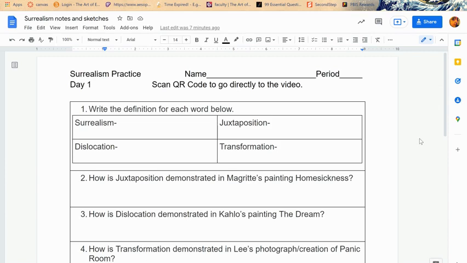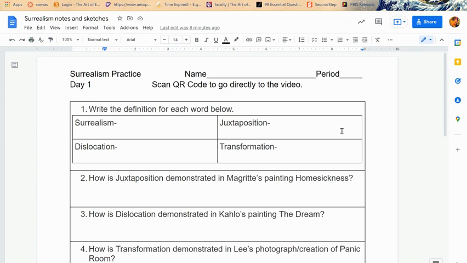So how this is going to work, I've put the 4 vocabulary words that you're going to be copying down the definitions for up here. On the first slide, you're going to get the definition for this one. And then the next 3 are going to be on the next 3 slides, but you're also going to answer a question down here. So after you write this one, the second slide is going to deal with this vocabulary word here, juxtaposition.